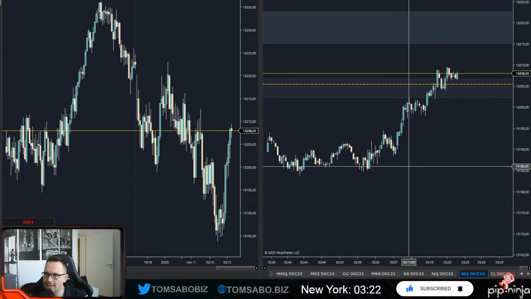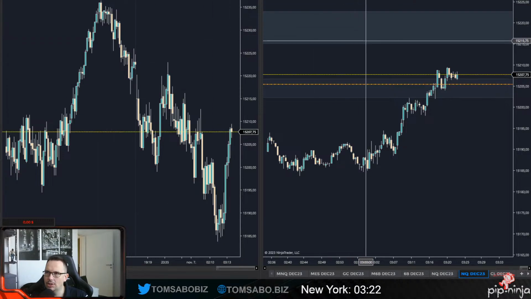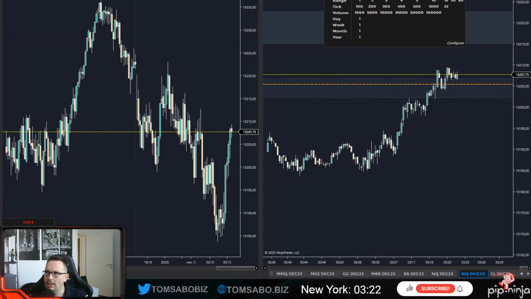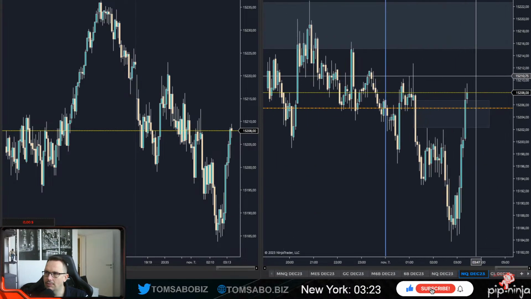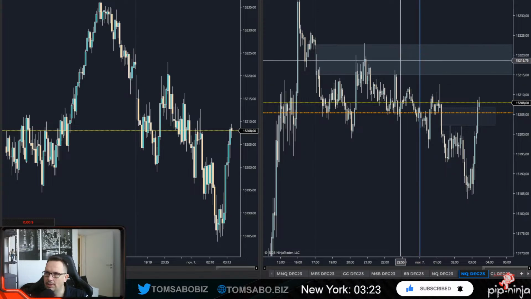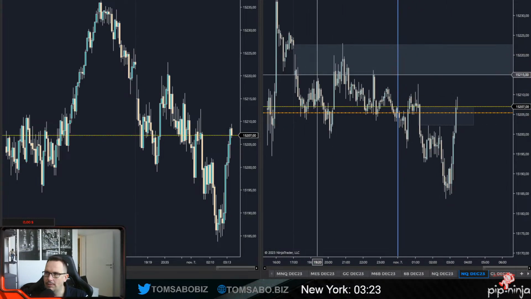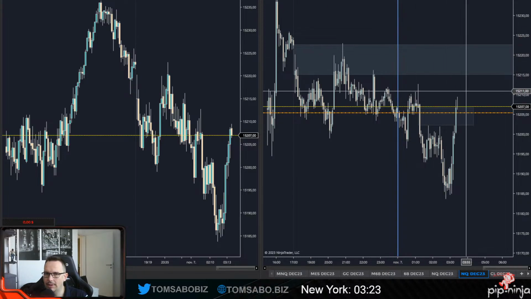So on the right side, there is a 30-second chart. On the left side is a 500 tick chart on NQ, but I'm going to change to 5-minute now. The gray area up here, the upper one, is a daily opening gap from Sunday.